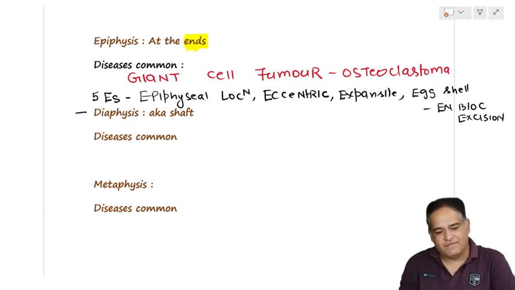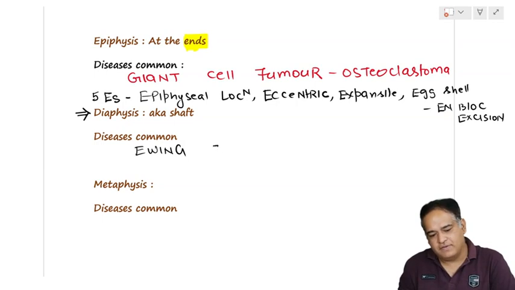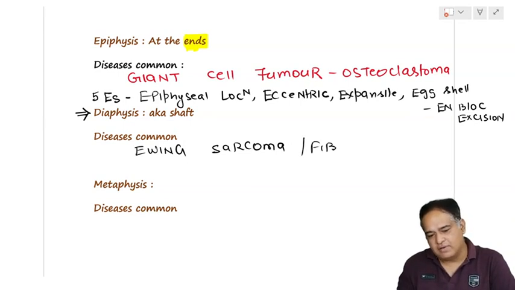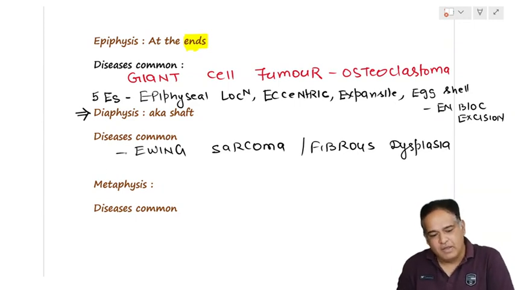Now the diaphysis, also a shaft. What diseases? Ewing sarcoma, and another troublesome disease, fibrous dysplasia. Then the most common true benign bone tumor.